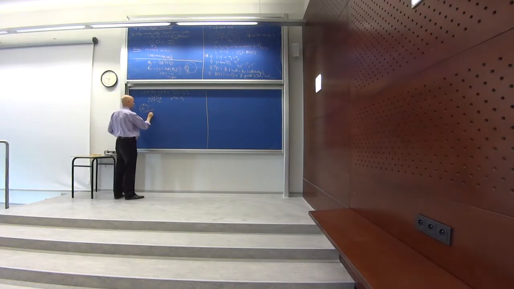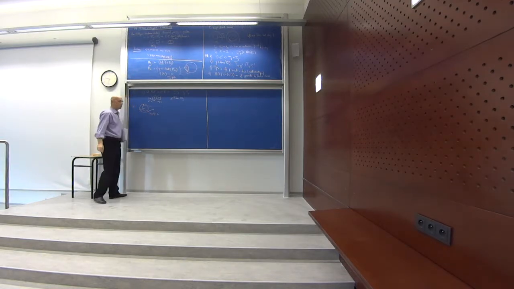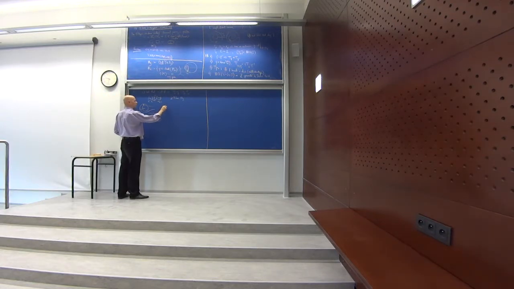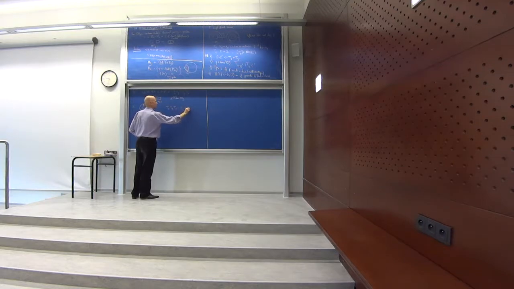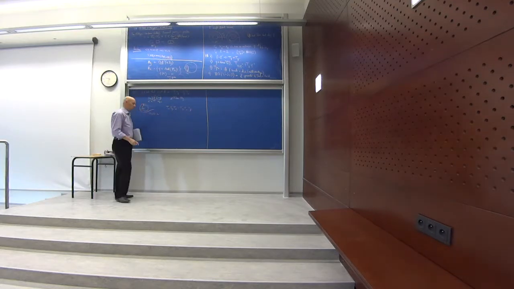So alpha intersection beta equals 1, or the geometric intersection is 1. Now you have the following relation: T alpha T beta T alpha equals T beta T alpha T beta. These are called the braid relations.